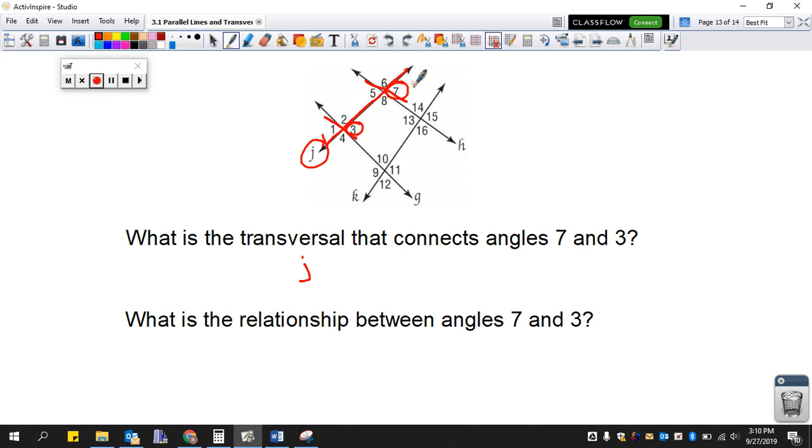It can't be consecutive interior because 7 is an exterior. So we check whether they're corresponding. 7 is top right, 3 is top right. So their relationship is a corresponding relationship.